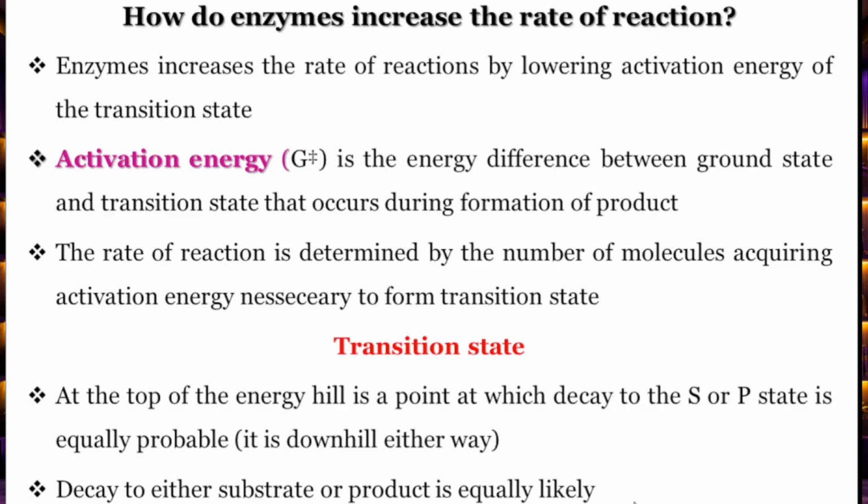This means the minimum amount of energy required for the chemical reaction to start, right? The transition state means the top of the energy hill, where decay to the substrate state or the product state is equally probable.